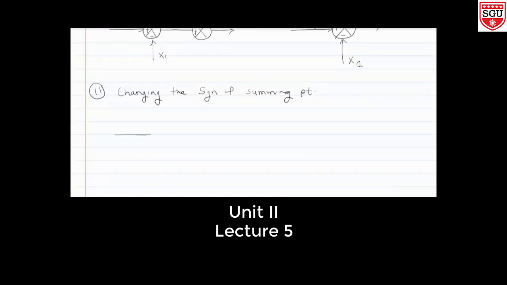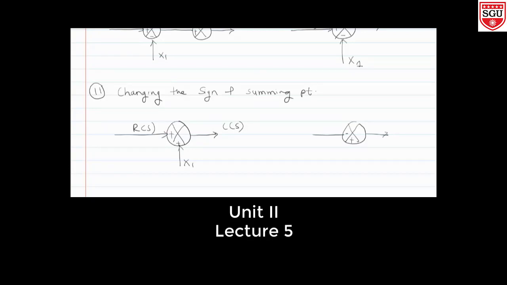Suppose R of s is the input, here is the summing point which has a positive sign, x1 is the incoming signal, C of s is the output. Now, in some cases, I want this summing point to have a minus sign over there.